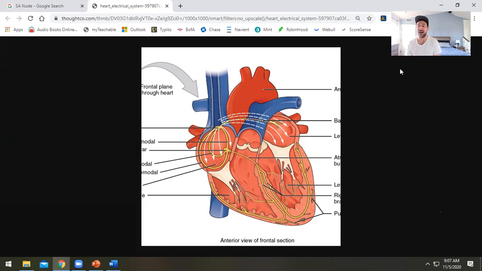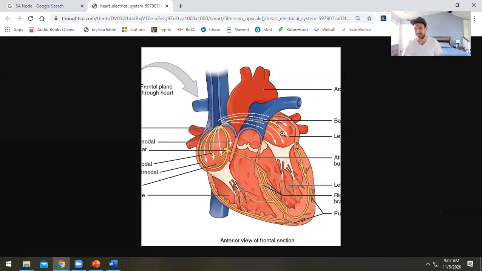And I missed it when our teacher explained that this picture is from the anatomic position, which means the heart is facing you, right? Like it's facing this way. So this is the right atrium, even though it's on the left side of the picture.